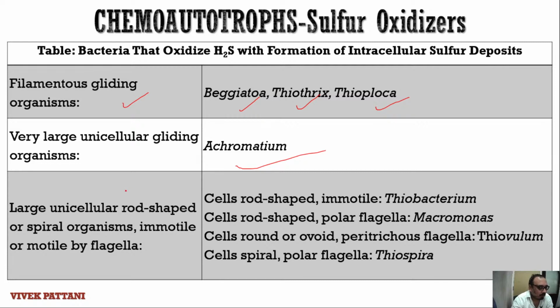Next is large unicellular rod-shaped or spiral organisms, immotile or motile by their flagella: cell rod-shaped immotile Thiobacterium, cell rod-shaped polar flagella Macromonas, cell round or ovoid peritrichous flagella Thiovulum, cells spiral polar flagella Thiospira.